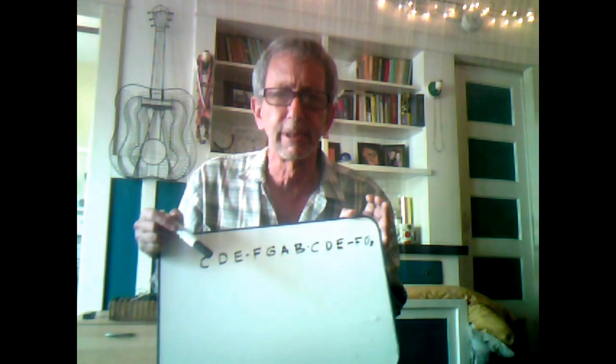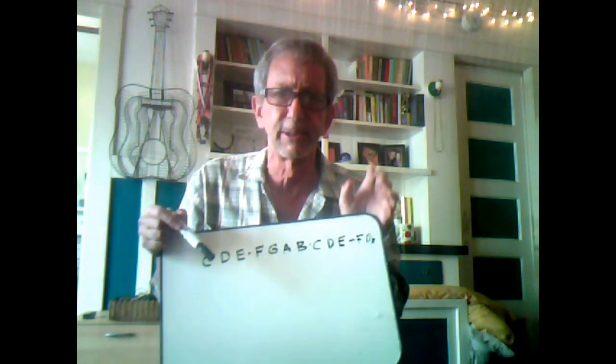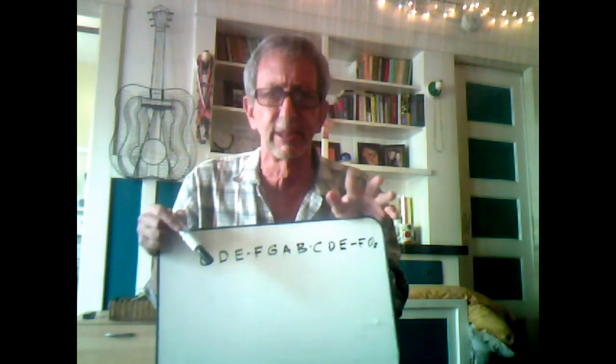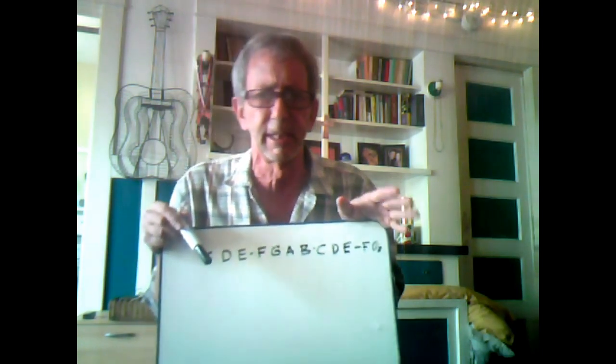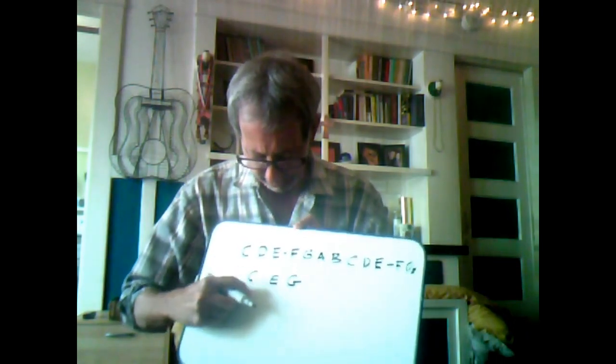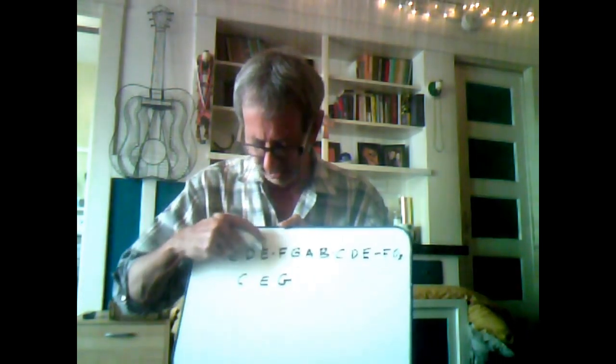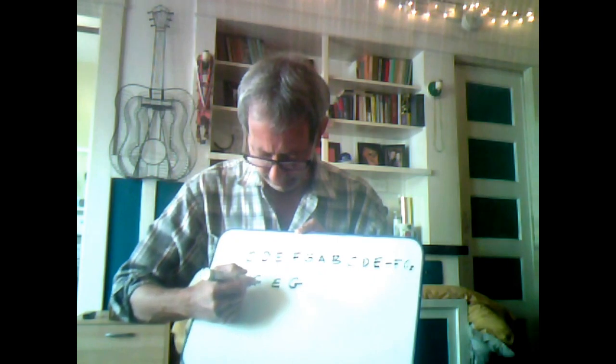I want to express something here, that the seconds and the sevenths are kind of in an outside category in the sense that they're not harmonized intervals. And what I mean by that is, we haven't got into chord building or anything like that, but I'm going to tell you the 3 notes that comprise a C major chord are C, E, and G. So if we look at C to E, C, D, E, we get a major third right there.